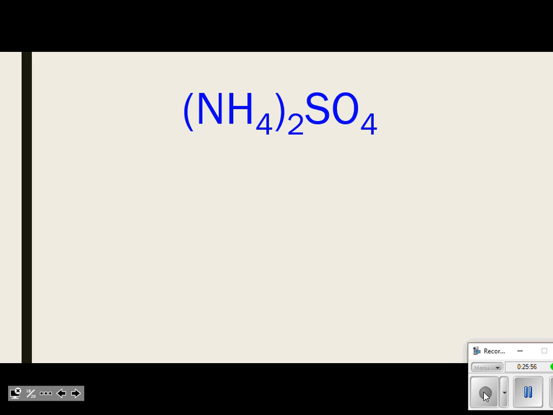All right, let's look back up here at this NH4. NH4 is the ammonium ion. Okay, so that is ammonium. SO4. What is SO4, Drake? Sulfate.